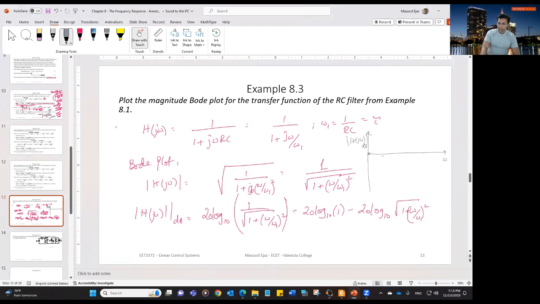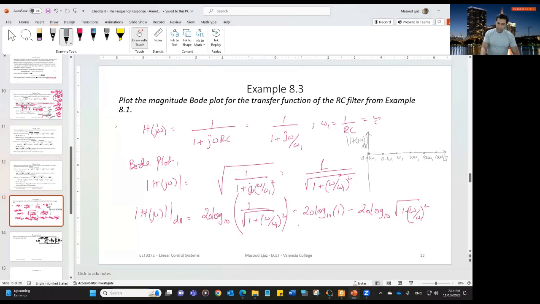Let's say I start at 0.01 omega 1, this is my 0.1 omega 1, this is my omega 1, 10 omega 1, 100 omega 1, 1000 omega 1. So I'm increasing the scale by a multiple of 10. The frequency is increasing every 10-fold.